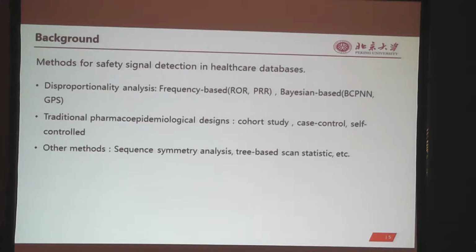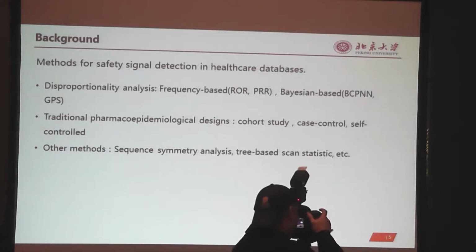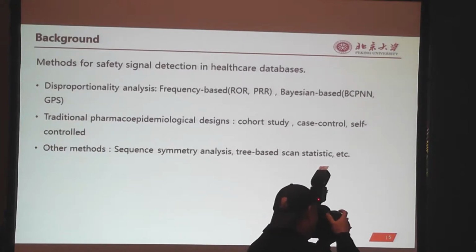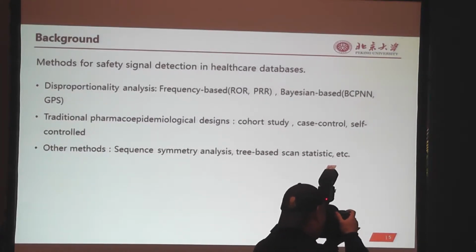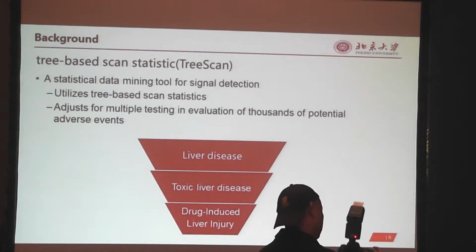First is disproportionality analysis, including frequency-based methods like ROR and PRR, and Bayesian-based methods like BCPNN and GPS. The second is traditional pharmacoepi designs like cohort study, case control, and self-control design. And there are other methods like sequence symmetry analysis and tree-based scan statistics.